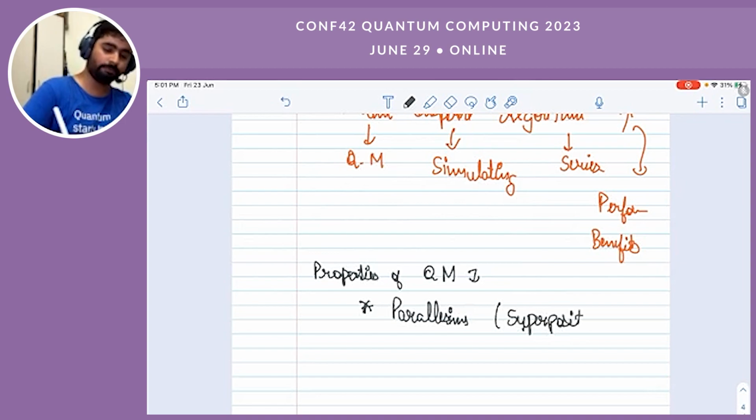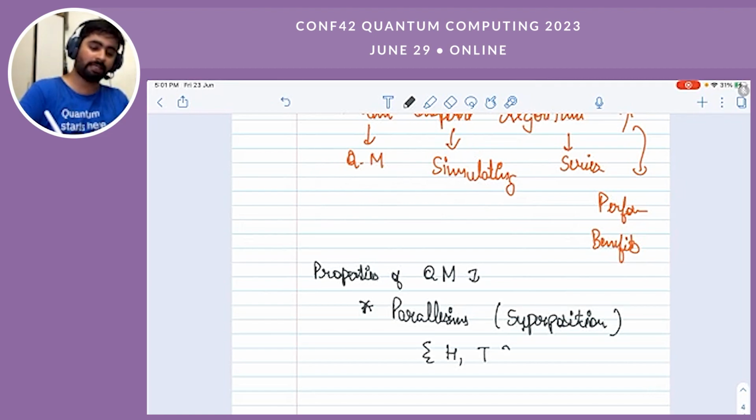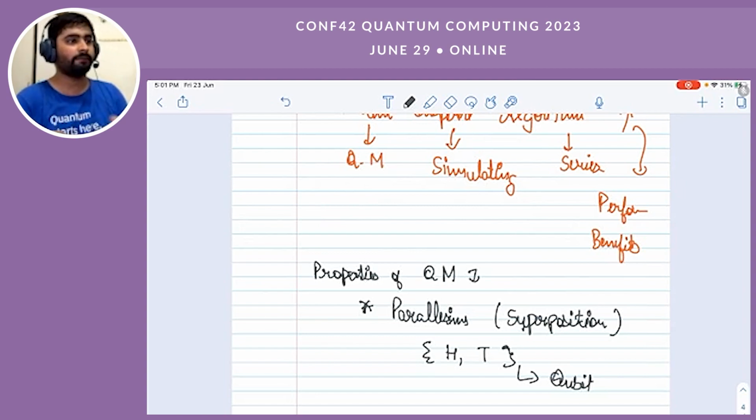Even before getting into the exact detailed discussion of this concept, I'll take a very simple example. Let's say I have a coin, and for any coin we have two possible end states, heads and tails. Now let's say that this is a qubit. For the sake of this discussion, I'll assume my coin is a qubit.